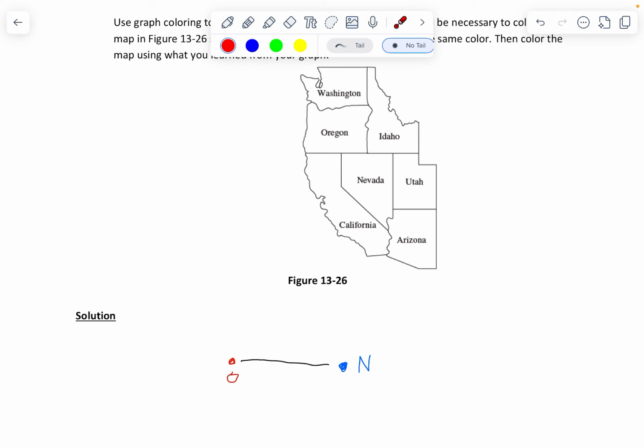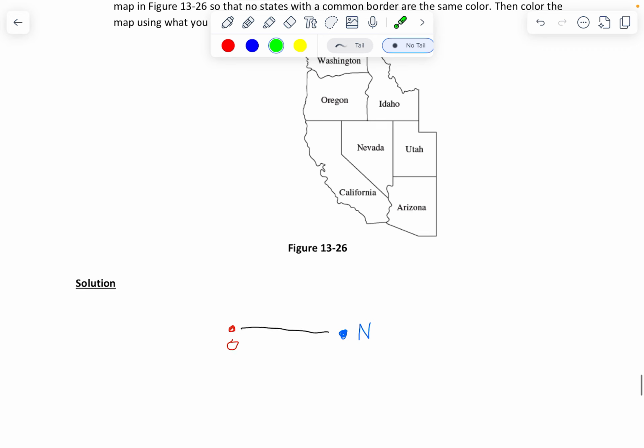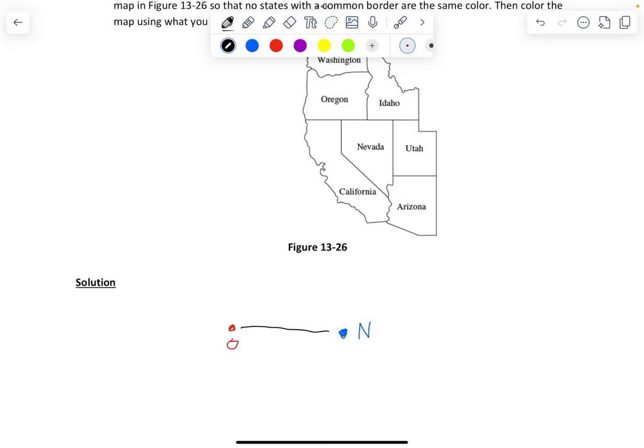So let's explore this a bit more. So what can we do? Let's see. We have Nevada. Oregon is red. We'll make California green. This is California.